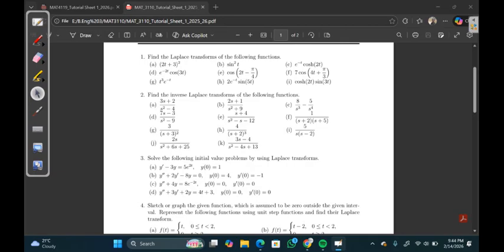Then b, c, a, d, as well as g and h, those are straightforward, but they also have a shift. More especially g and h, they have a shift. Then i, you can use partial fraction decomposition. That is still going to help you out.